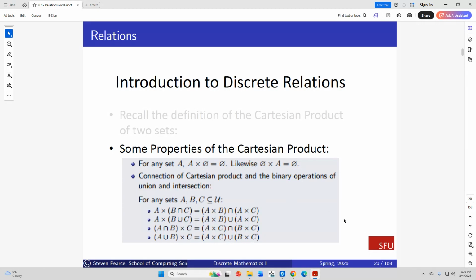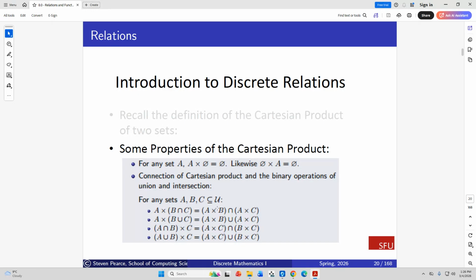Here are some identities: the connection of a Cartesian product and the binary operations of union and intersection. These ordered tuples, or k-tuples, are sets. They're ordered sets, ordered pairs, or ordered triplets, and they're related to set theory as follows.